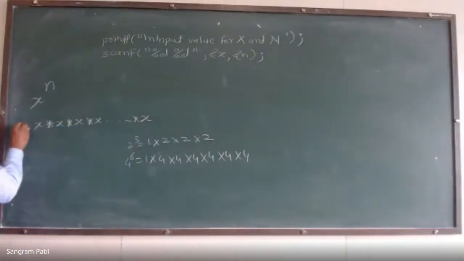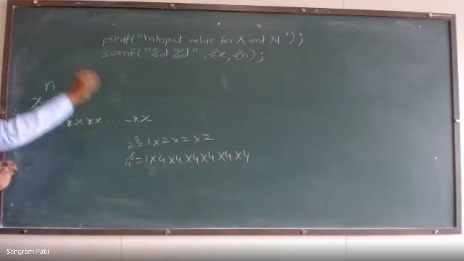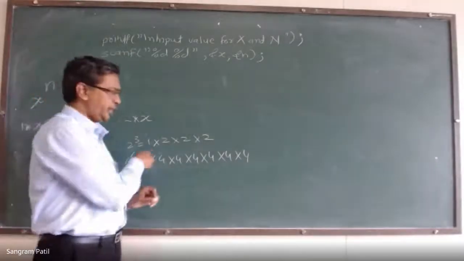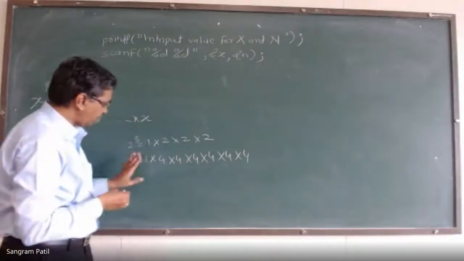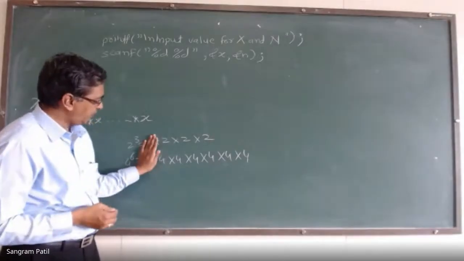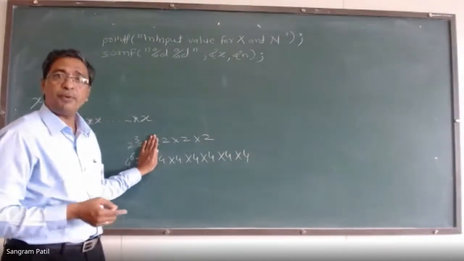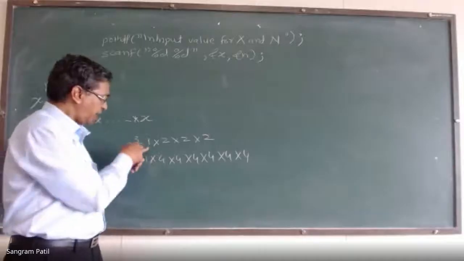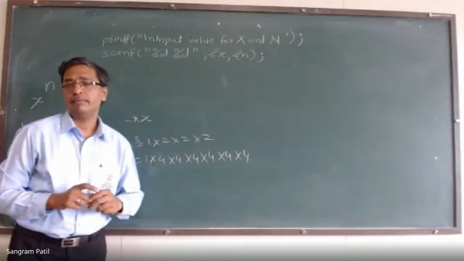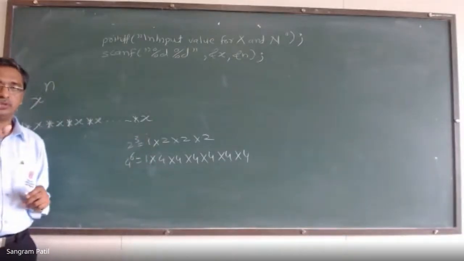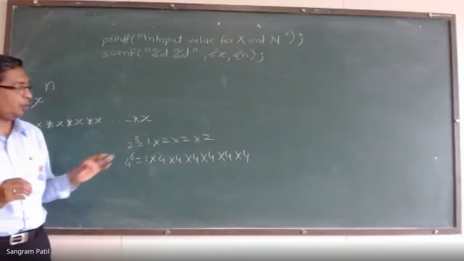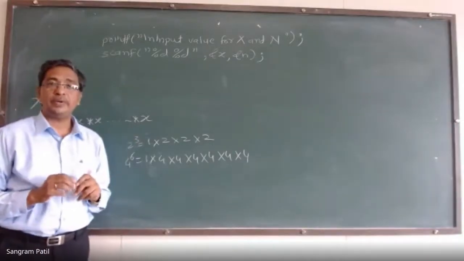Similarly, this is 1 into x into x into x. Because we need this in programming. In mathematics this is not needed, but in programming we need 1. That's why I have taken 1 here. Now, check what happens.